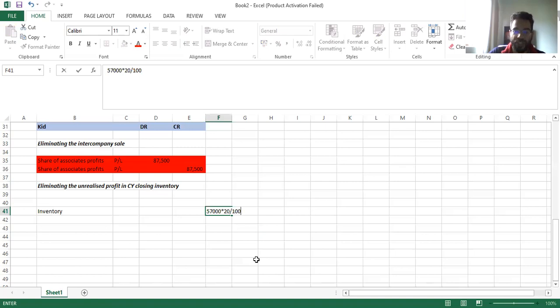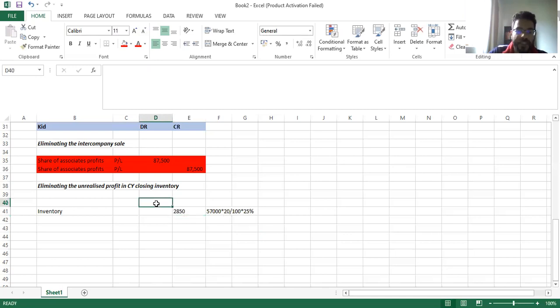It's only our portion, which is 25%. So therefore, it's going to be equal to 57,000 rand times the unrealized profit, which is 20 divided by 100. But we don't want to eliminate the full 100% unrealized profit. We only want to eliminate our percentage, which is 25%.